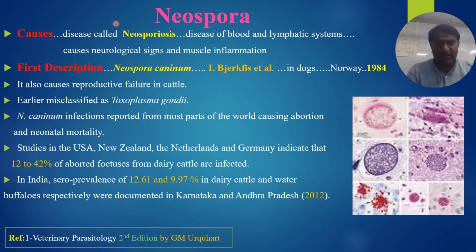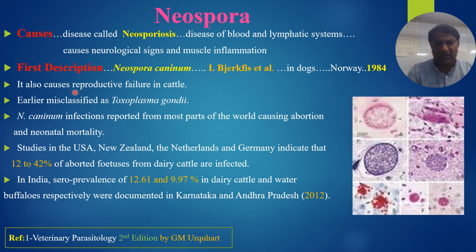Neospora causes the disease neosporosis, a disease of the blood and lymphatic systems that causes neurological signs and muscle inflammation. Neospora caninum was first described by Bjerkås et al. in dogs in Norway in 1984.